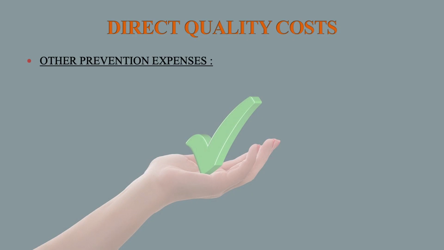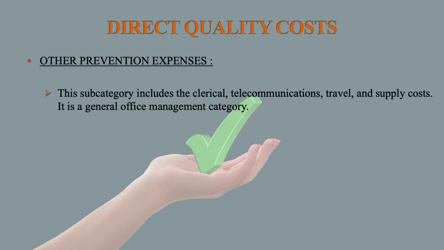So wherever cost is incurred to train all the employees on quality methods and quality techniques, these are also known as quality cost. The other prevention expenses subcategory includes the clerical, telecommunication, travel and supply costs. It is a general office management category, which also comes under the direct quality cost.